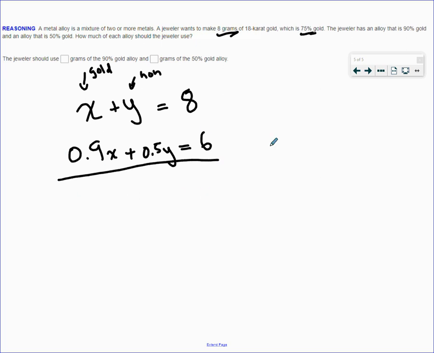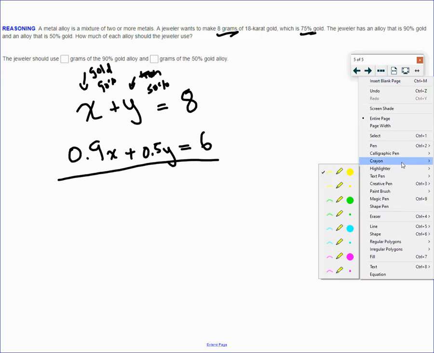I'm going to take this second equation and literally multiply all the terms by -2. By the way, I just realized I should have called this 90% gold, and I should have called this 50% gold, not what I called it. All right, so let's change some colors here.